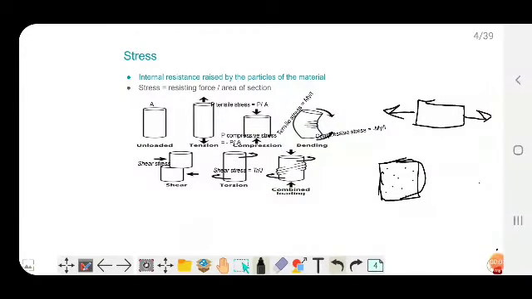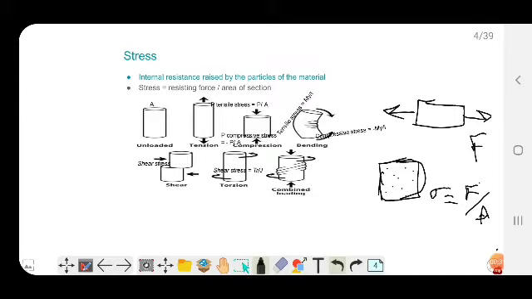Each of these tiny particles will be resisting this external force, and that internal resistance is stress. Suppose a tensile force F is acting on the body. So each of these tiny particles will be opposing this force by a tensile stress, denoted by sigma. It is given by F by A, where A is the cross-sectional area of the body.